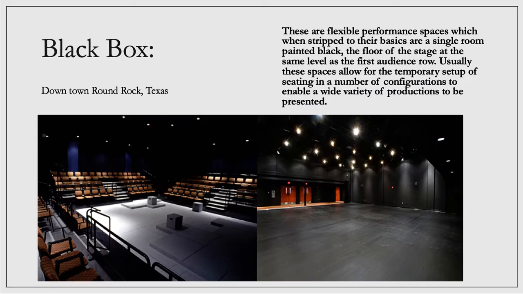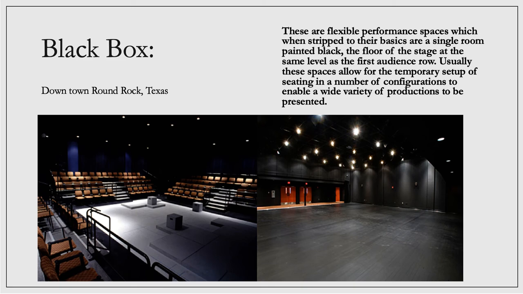A black box space is a flexible space that can be arranged in different ways to best fit the play that's being produced. So often you will have audience members on two sides in the corner. Sometimes you'll do an alleyway where the audience are facing each other.